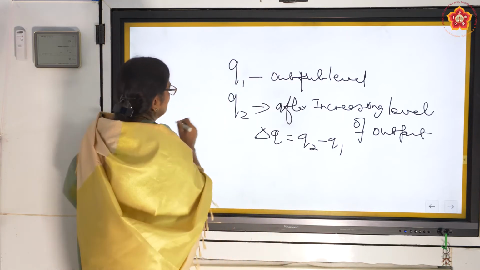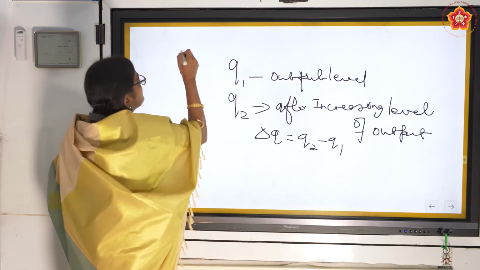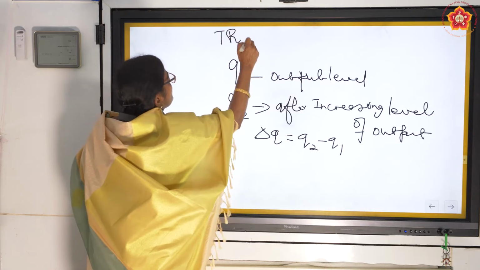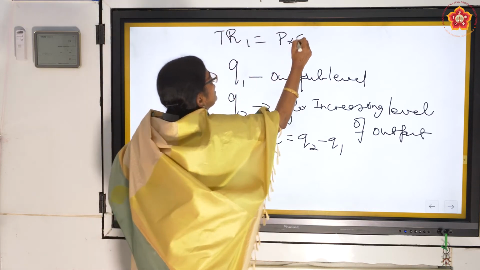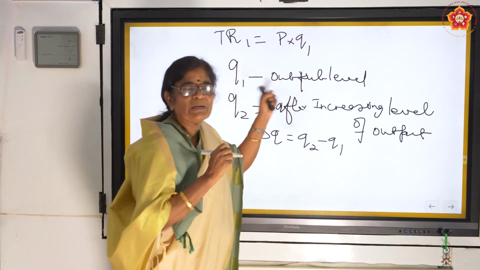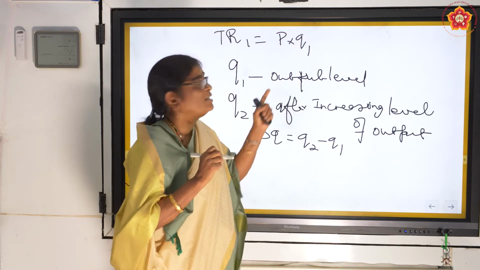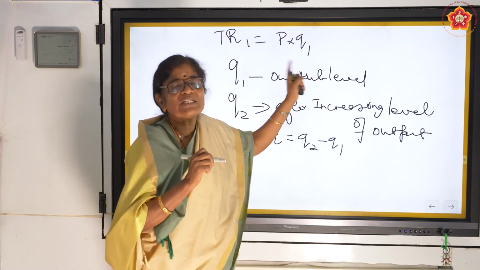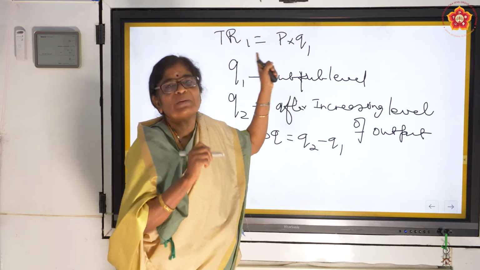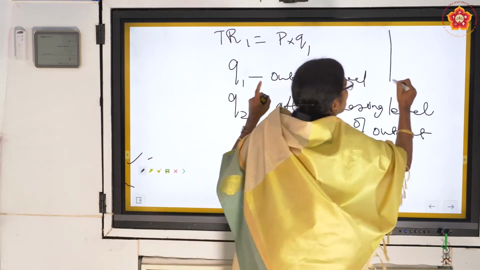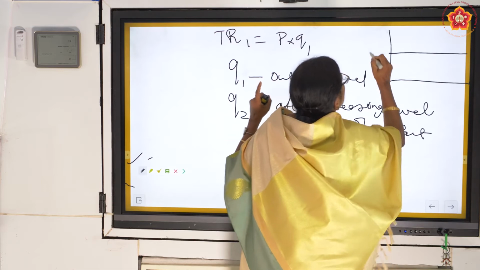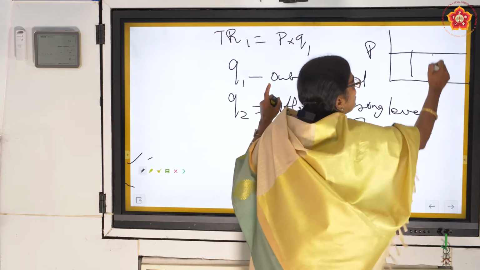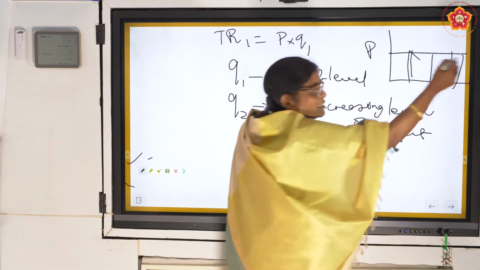What is TR1? TR1 is P into Q1. Why? Perfectly competitive firms are price takers. Therefore, P is constant; whatever quantity you are producing, P will be constant. We have seen price is perfectly elastic. Any output level you produce, it will be constant.